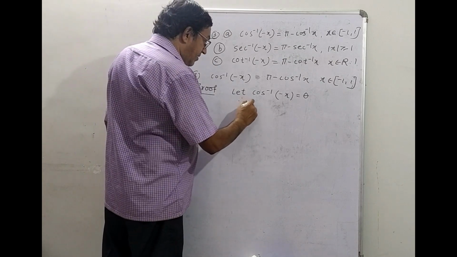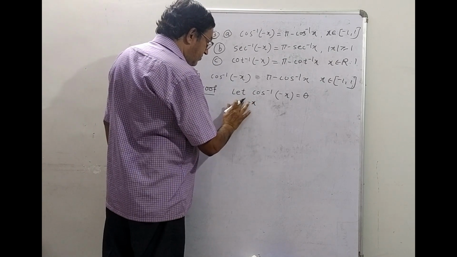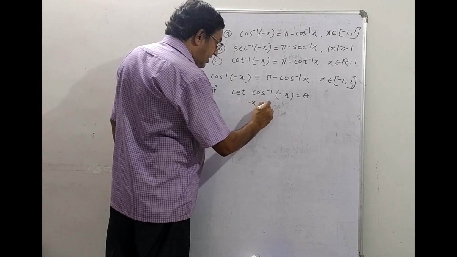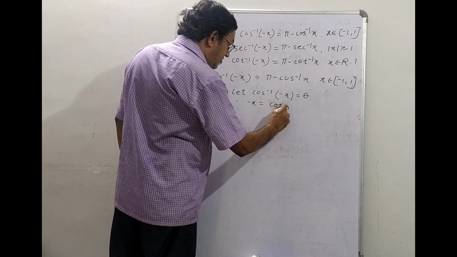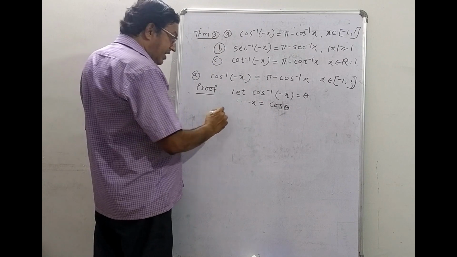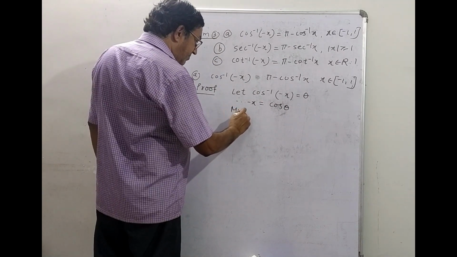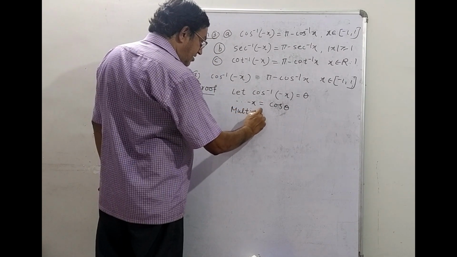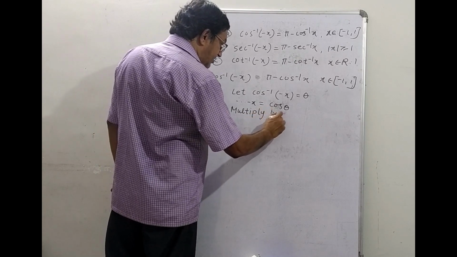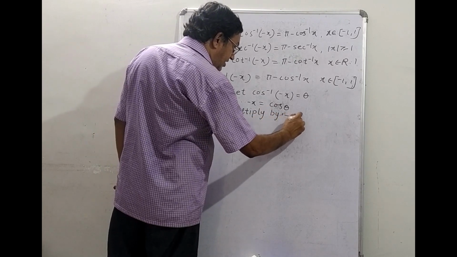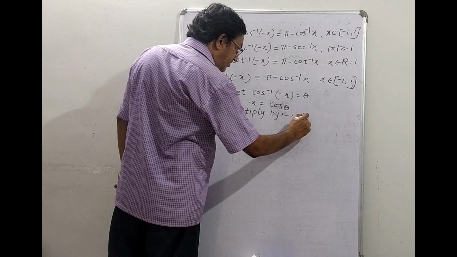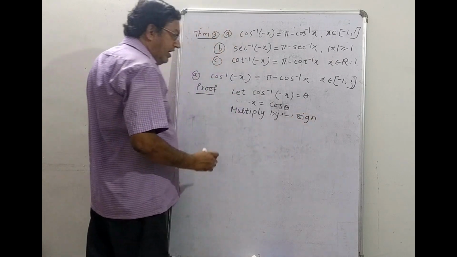Therefore, minus x is equal to cos theta. If you multiply by minus sign, you can write the value of x.